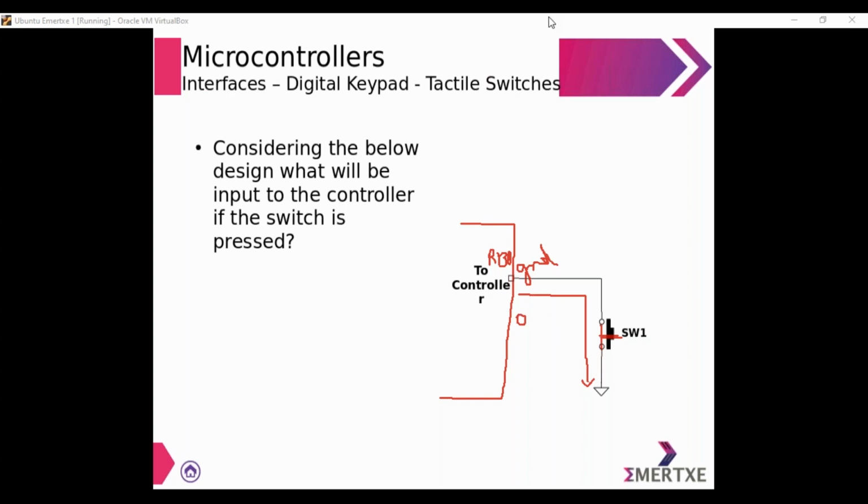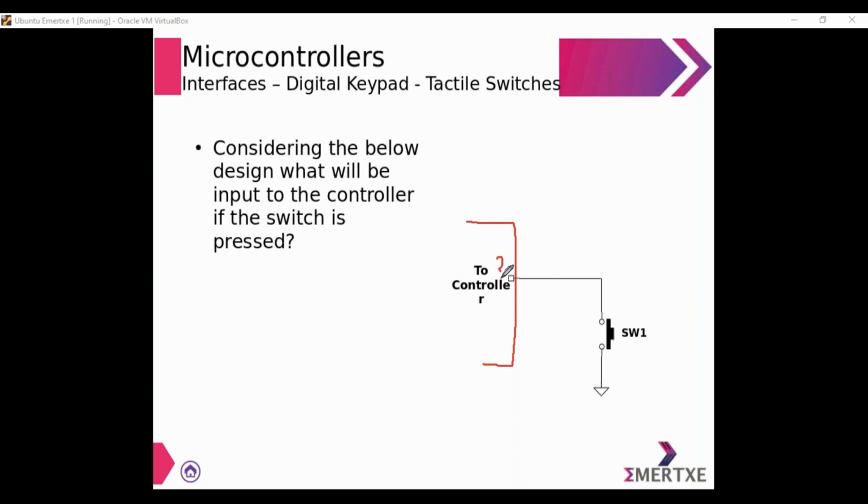Now what if the switch is open? What happens if the switch is open? What are you going to read at the pin of the microcontroller if the switch is open? So something like this. The switch is open. So I have not made the complete circuit connection. So what are you going to read at the pin of the microcontroller here?